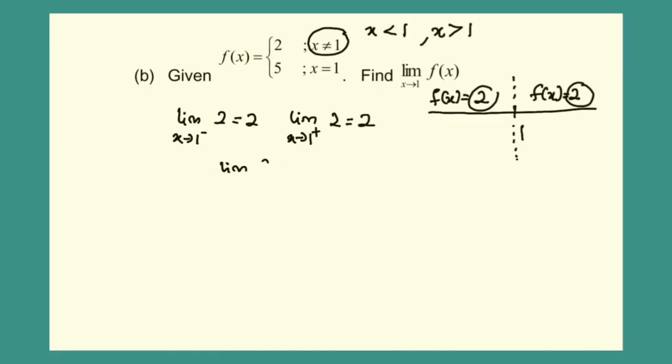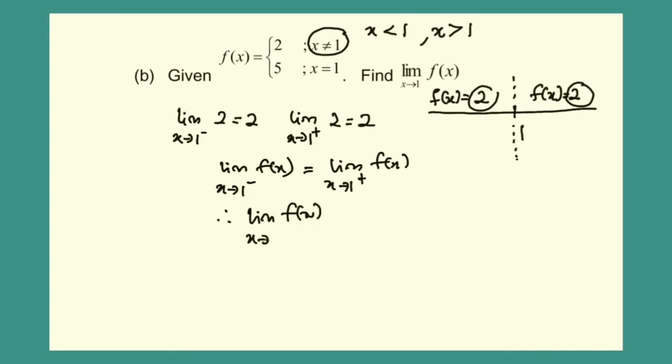Limit f(x) as x approaches 1 from left equal to limit f(x) as x approaches 1 from right. Therefore, limit f(x) as x approaches 1 equal to 2.